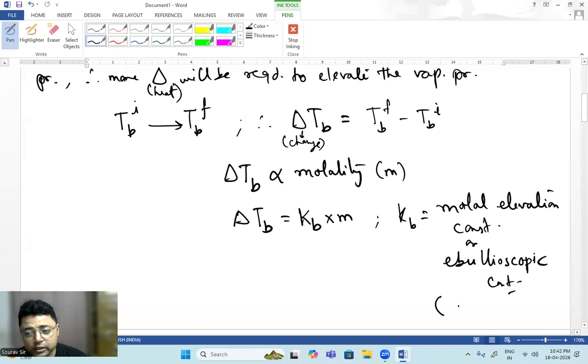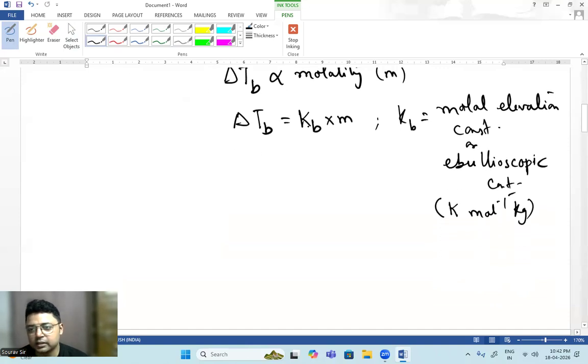Most important thing, its unit is Kelvin per mole per kg. Molality is mole per kg and this is Kelvin kg per mole. If you multiply them, mole and kg cancel out and you will be left with Kelvin.